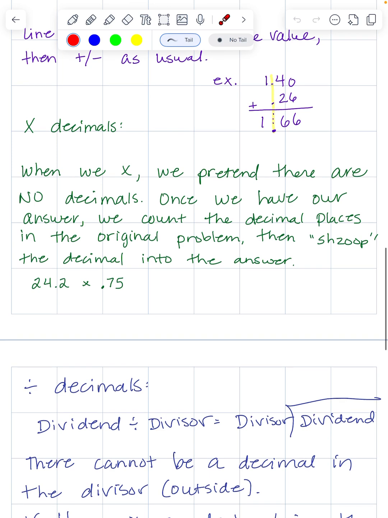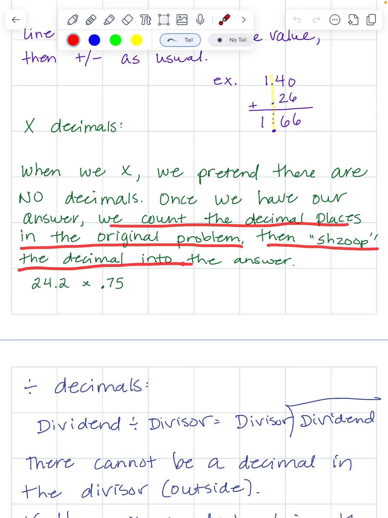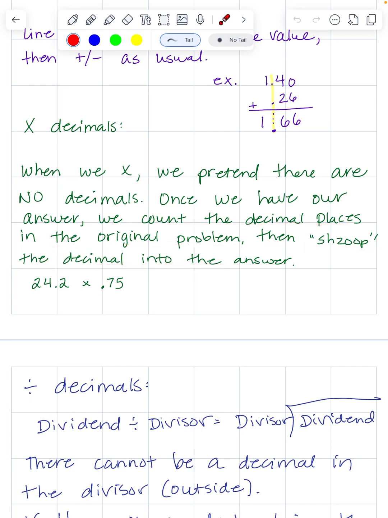Where a little bit of newness comes in here is multiplying decimals. So when we multiply, we pretend there are no decimals, okay? Once we have our answer, we count the decimal places in the original problem, then we zoop the decimal into the answer. So let's do an example together here right now.